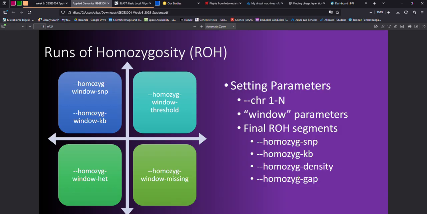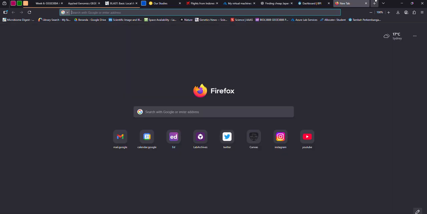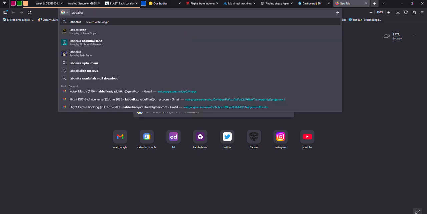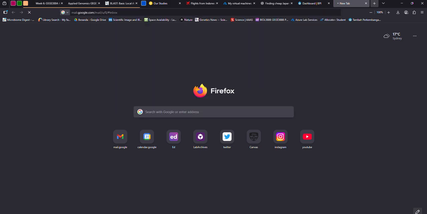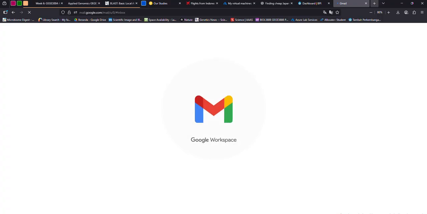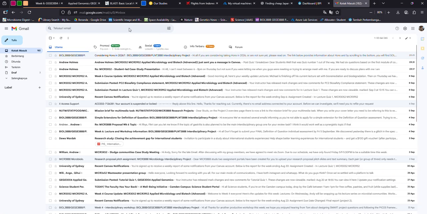So how do you choose the parameters? Well, SNP density tells us an appropriate window size in KB and SNP number per window, and the expected gap between markers. You can figure out LD from the data itself. If you have array data, you can estimate LD from that array data.